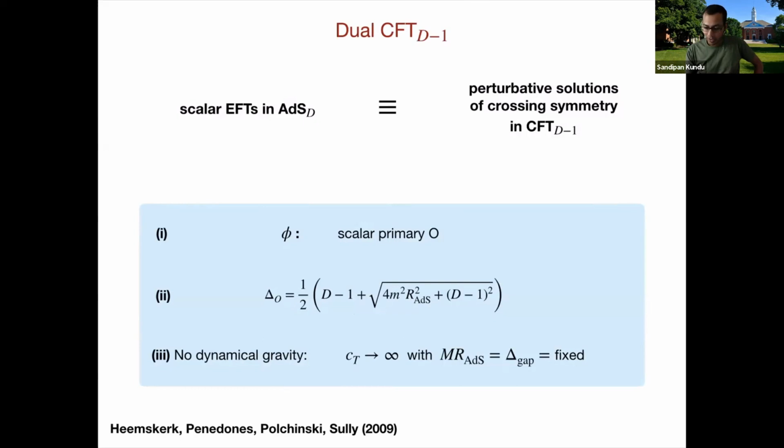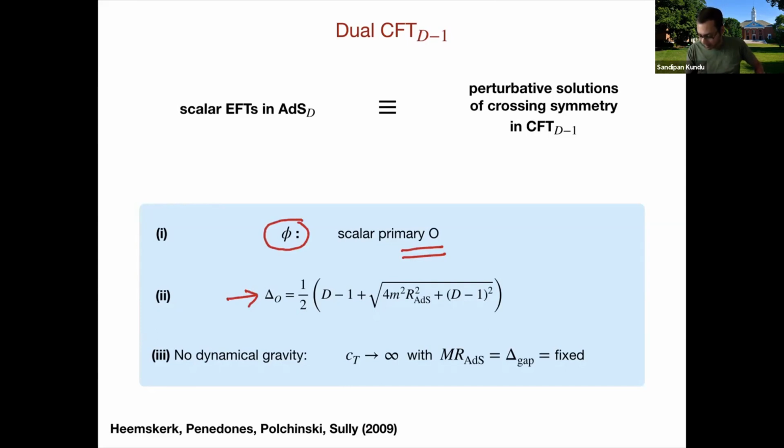And because this is just like standard AdS/CFT, all the features of this duality we are very familiar with. For example, for the scalar field in AdS, there is a scalar primary operator O in the dual CFT with the dimension that we already know from AdS/CFT.